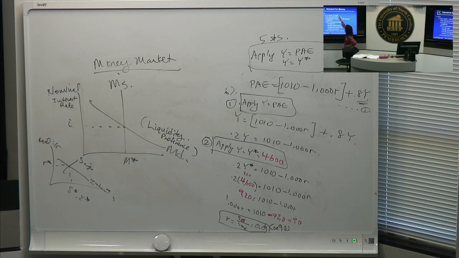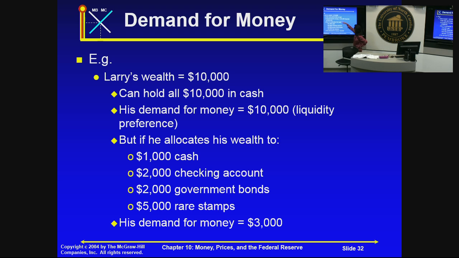In other words, one example here is if Larry has wealth of 10,000, he could hold all 10,000 in cash, so the demand for money would be 10,000, because in this case cash is considered liquid. So in Keynes's definition, demand for money is liquidity preference. But in a second scenario, he allocates his wealth: 1,000 in cash, 2,000 in a checking account, 2,000 in government bonds, 5,000 in stamps.